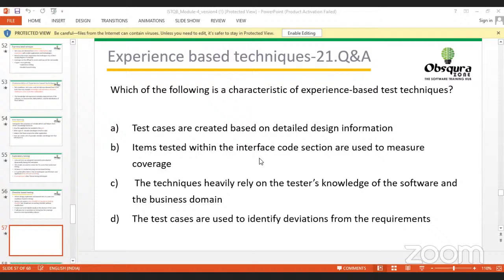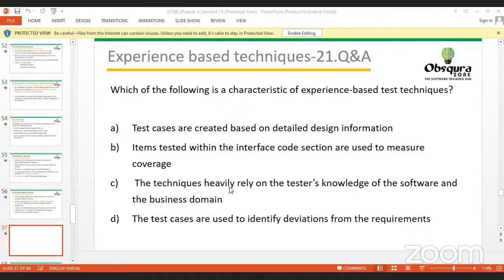Now the second one: test items tested within the interface code section and used to measure coverage. Which type of testing is that? Option B. Yes, again, white box testing.